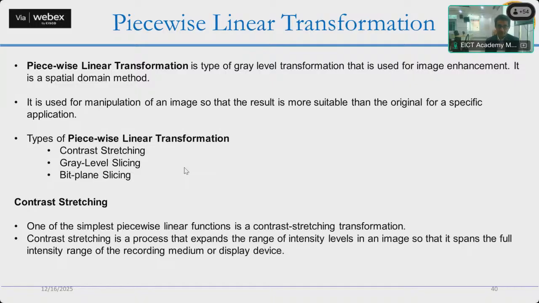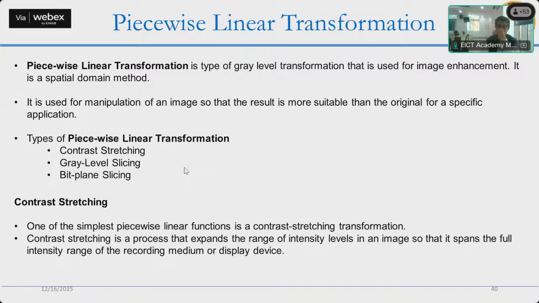It is used for manipulation of an image so that the result is more suitable than the original for a specific application. Again, you need to go into the study, you need to go into the particular application if you really want to know the detail. Now coming to the different types of piecewise linear transformation: contrast stretching, gray level slicing, and bit plane slicing.